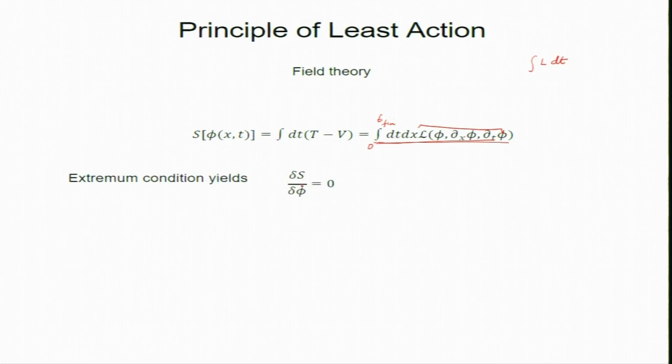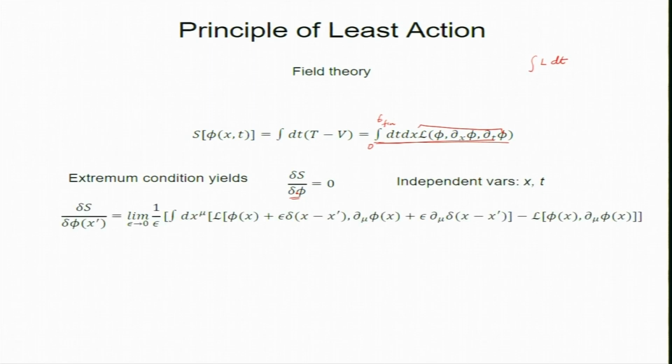So, I want to make delta S by delta phi equal to 0. This is, as I said, variational calculus, it is not d by dt. If you recall how I was varying the field, let me show you that part. I am going to write this dt dx as dx mu.